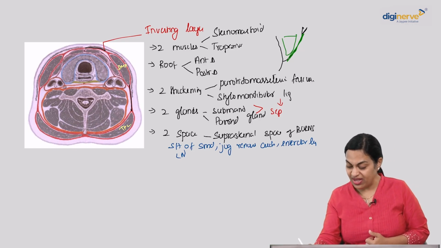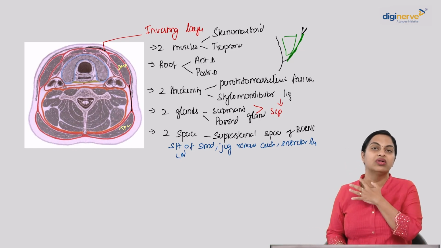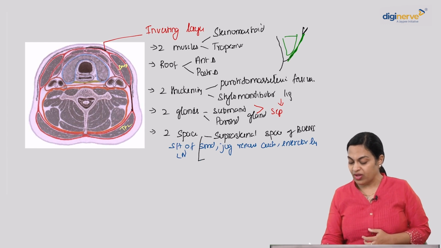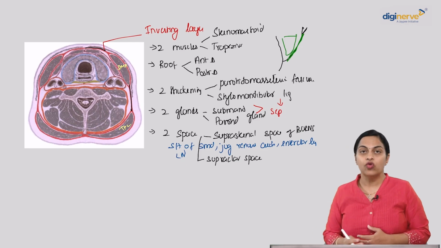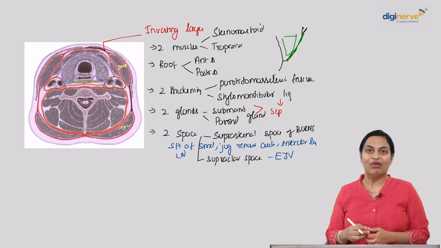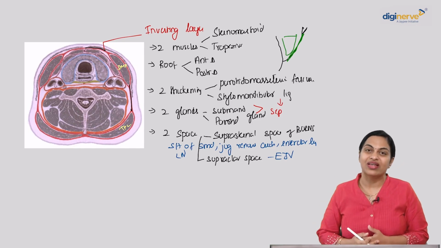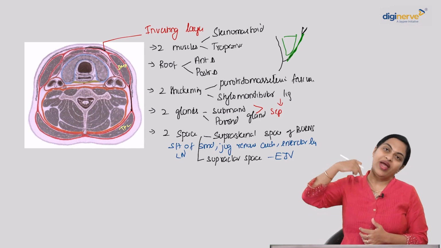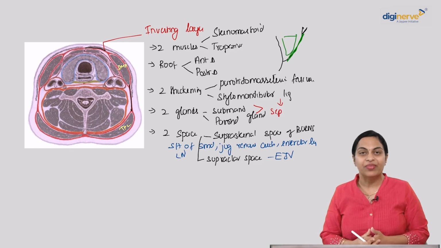And the other space is that over the middle one-third of the clavicle, it encloses the supraclavicular space. In the supraclavicular space, we can see that the external jugular vein pierces the investing layer of deep cervical fascia that forms the roof of the posterior triangle to enter into the subclavian vein.